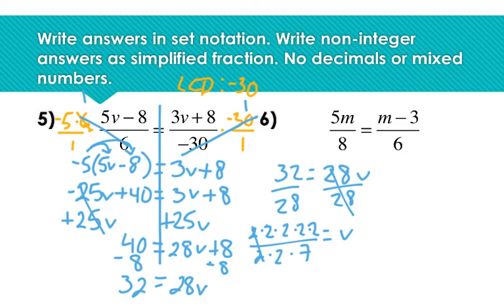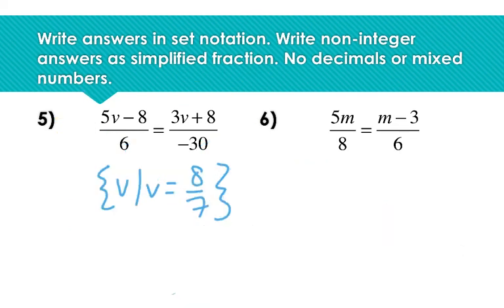So I can simplify out two sets of 2's to 1's, and now I have 2 times 8 over 7... so v equals 8 over 7. In set notation, we write it the set v such that v equals 8/7. And there it is.